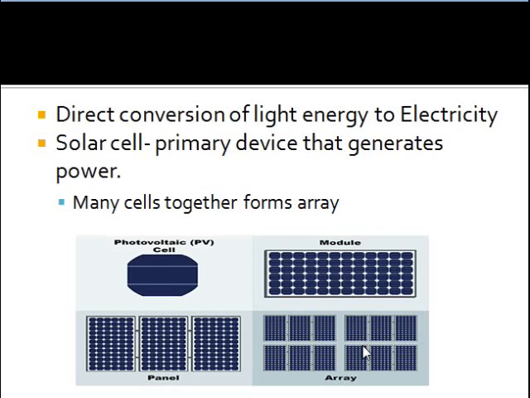So this array, if it is assembled over a large area, is going to become a large solar power plant.